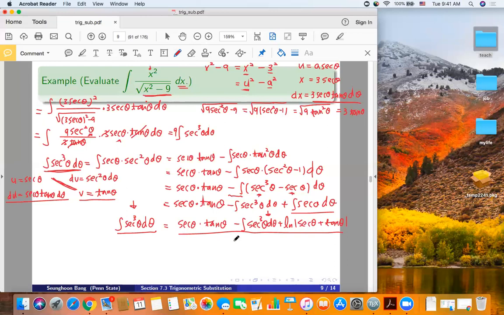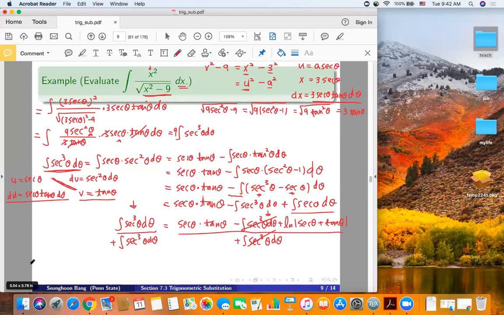So how can you do that? You add the integral of secant cubed theta d theta to both sides. What happens? Cancelled.